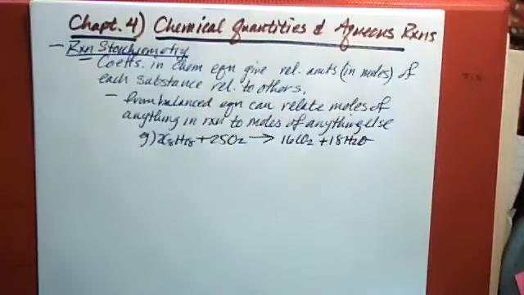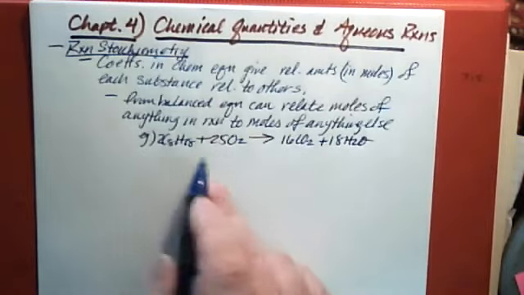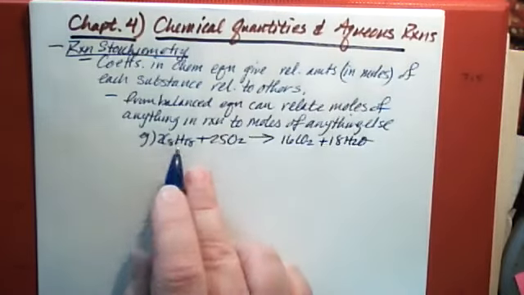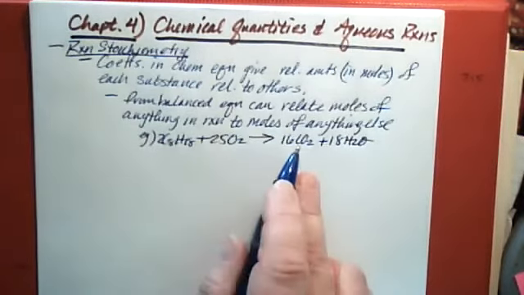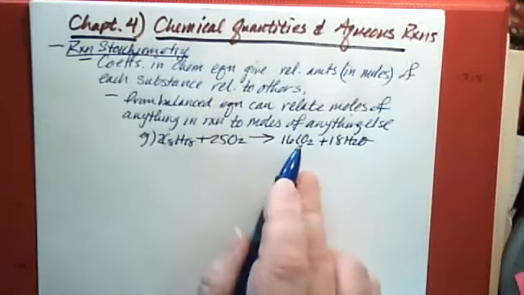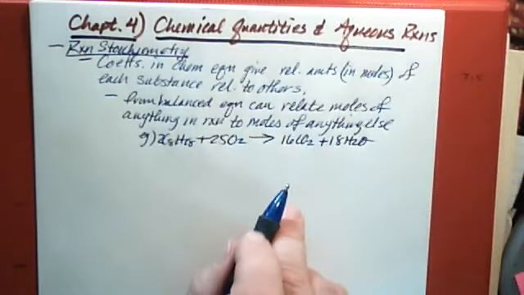And this gives the relative ratios of these compounds to each other in that reaction. So however many moles of butane, or sorry, of octane you burn, you produce 16 over 2 times as many moles of CO2. Or in other words, 8 times as many moles of CO2.